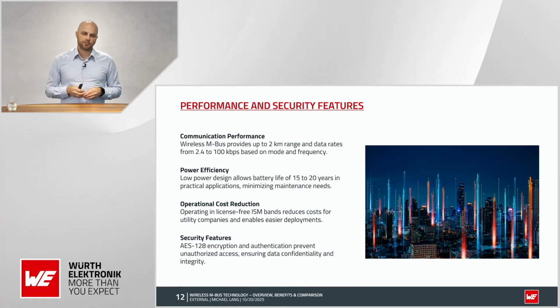And you can send data from 2.4 to 100 kilobit per second. We have a comparison to other technologies later on, and there you can see wireless M-Bus is quite well set up with these possible data rates.